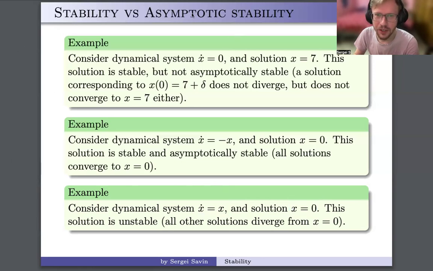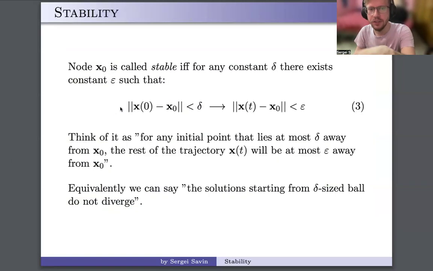Now, let me quickly answer the question about what is the purpose of delta in the stability definitions. Let's look at this example. The purpose of delta is simply to define what we mean by stability. Stability is not a property of one point on the phase space. It's not a property of x0 alone.